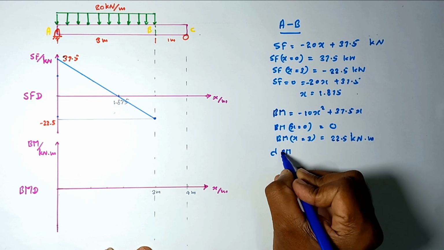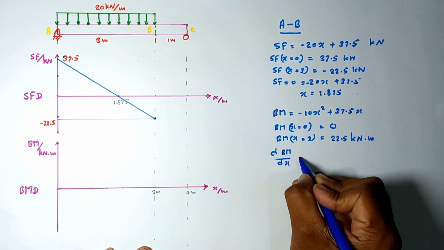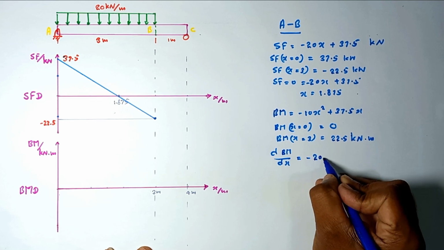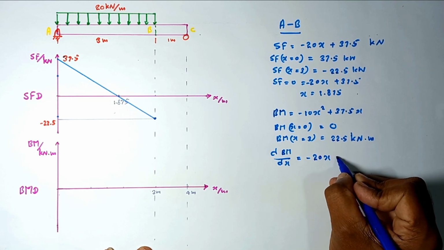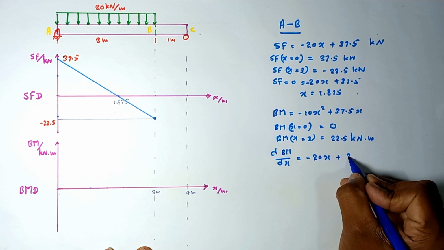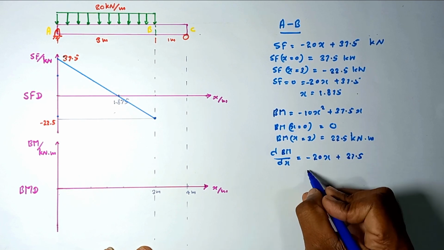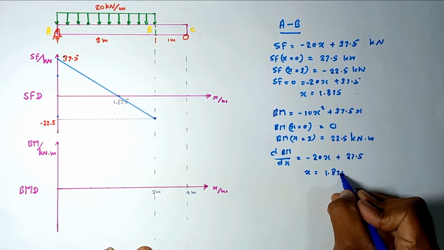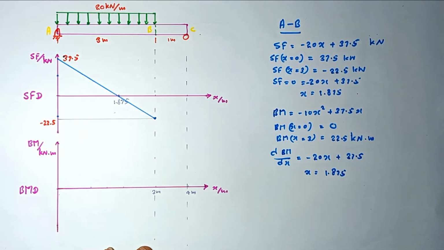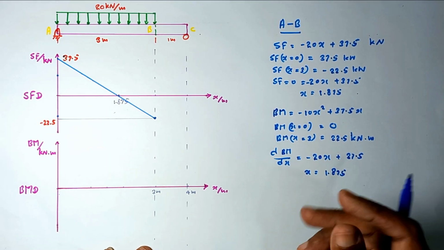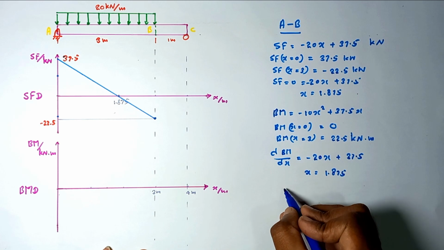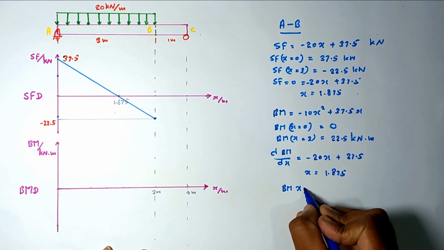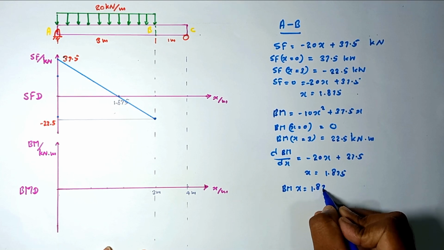The derivative of bending moment with respect to x, dM/dx, is equal to minus 20 into x plus 37.5, so that x is equal to 1.875 at the bending moment is maximized. So then we have to find the maximum bending moment value. The bending moment at x is equal 1.875.